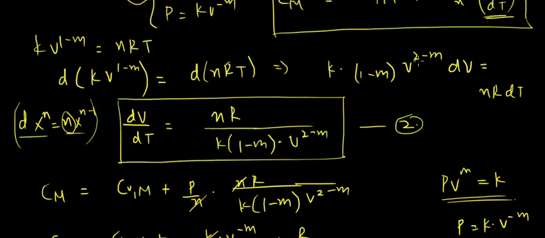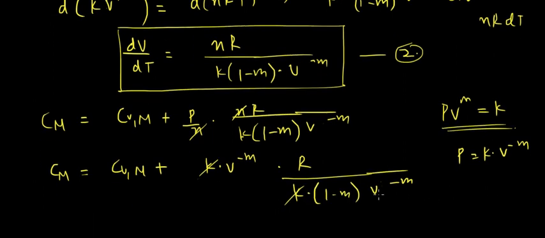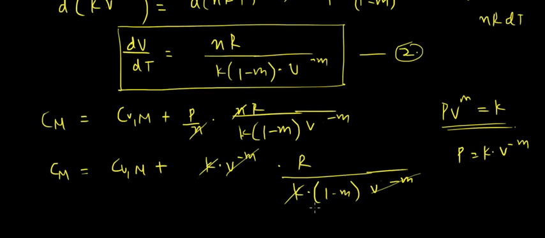So it would be minus m only, not 2 minus m. It would be minus 1 only. Okay, so just a silly mistake here. So now it would be V to the power minus m, not 2 minus m. Similarly correcting here and here. So now this is V to the power minus m. So V to the power minus m and V to the power minus m get cancelled out.